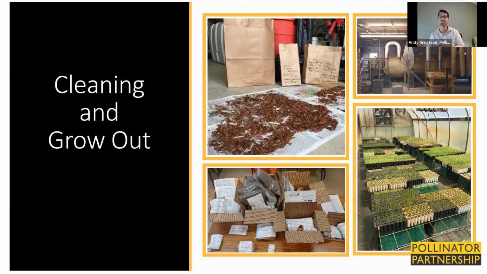Some of the seed will require, for example, a machine called a hammer mill to break up pods and shells, or a gravity separator to pull the less dense seed from the heavier chaff, the stuff that surrounds the seed. Others may need more manual attention, just hand cleaning of the seed.